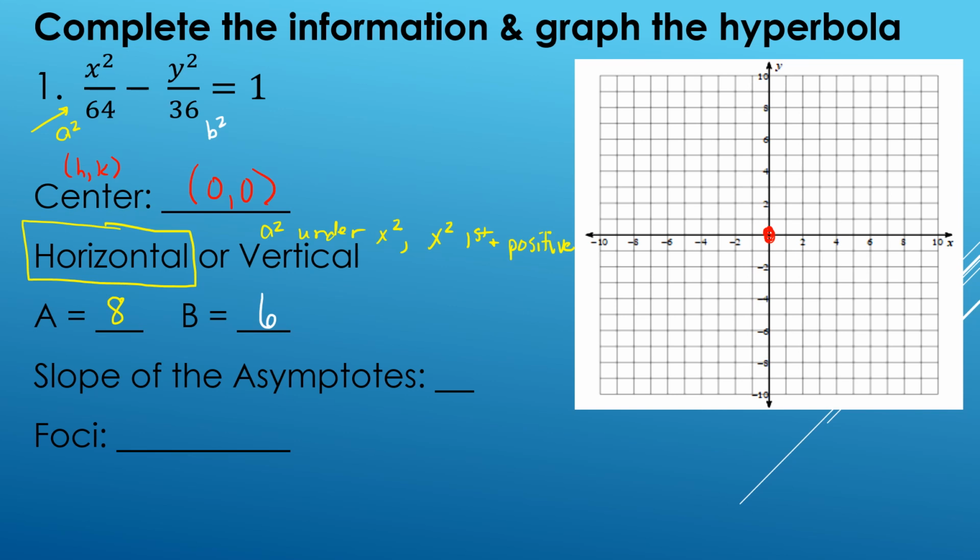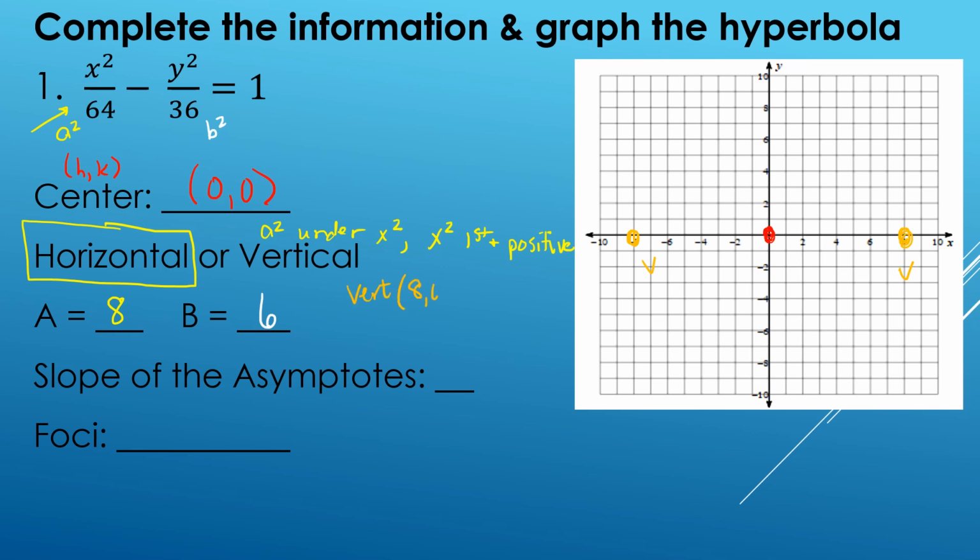Just like we've done with ellipses, we are going to use these two values of a and b so that we can sketch our vertices and our covertices. Since this one is horizontal, we are going to travel 8 units to the right and 8 units to the left and plot our two vertices. And you can make a note of what those are.